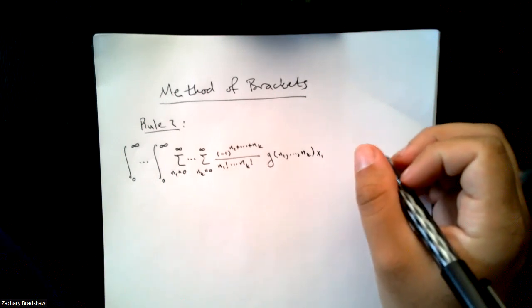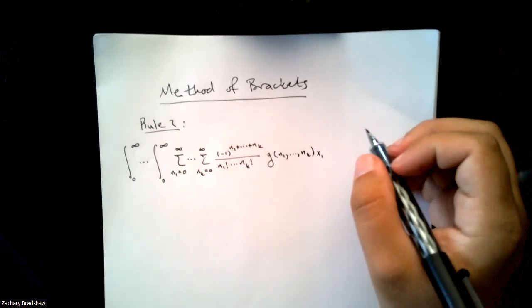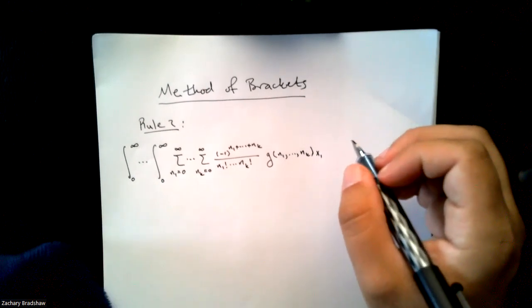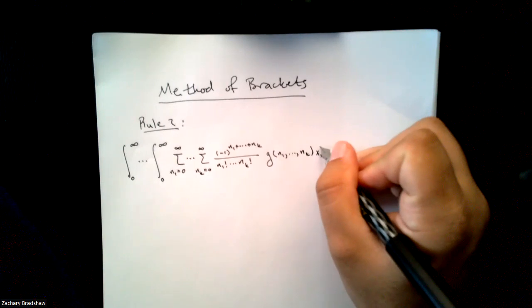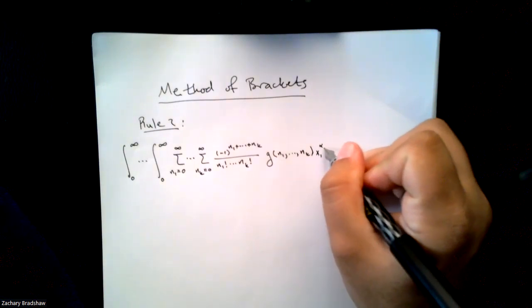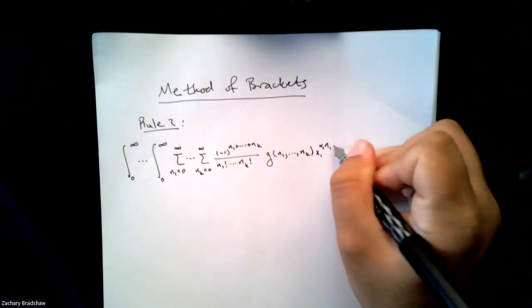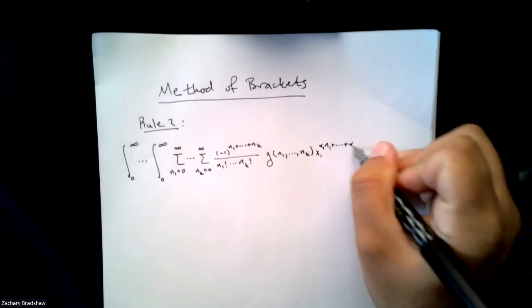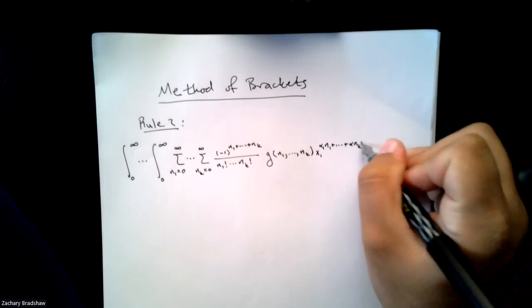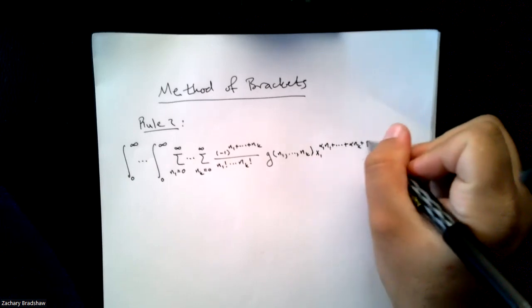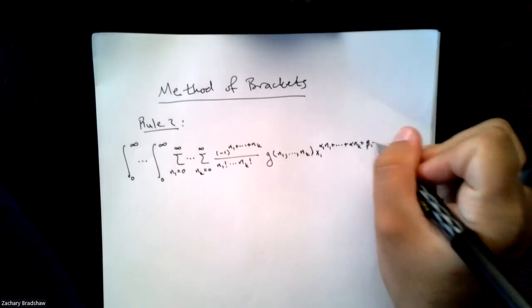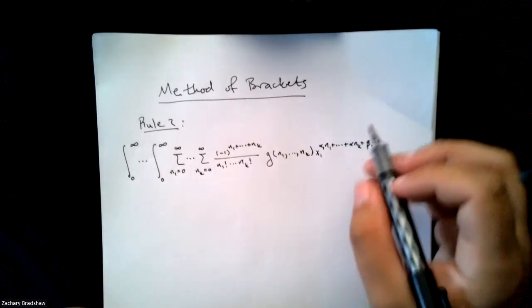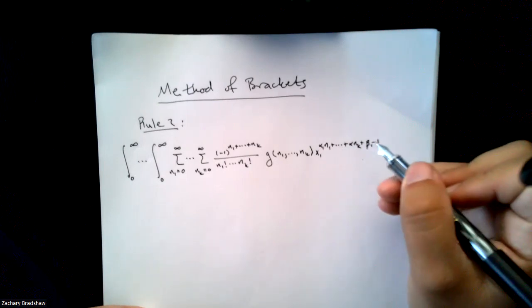let's see, what's the best way to write this? X1 to the alpha 1 n1 plus alpha nk plus beta 1 minus 1. I need another index here.